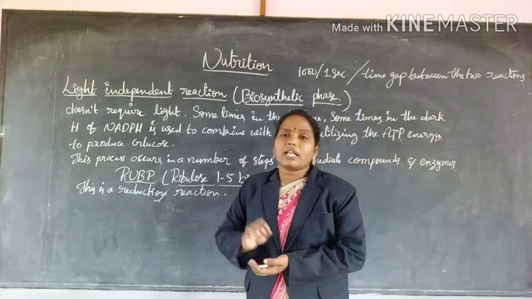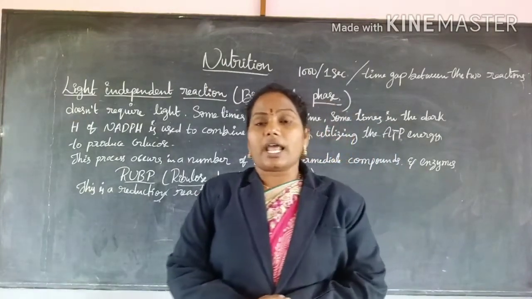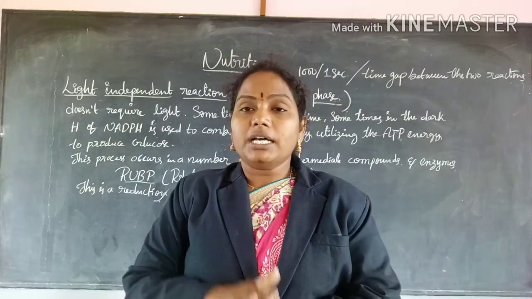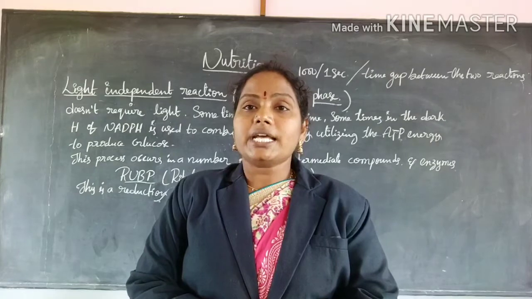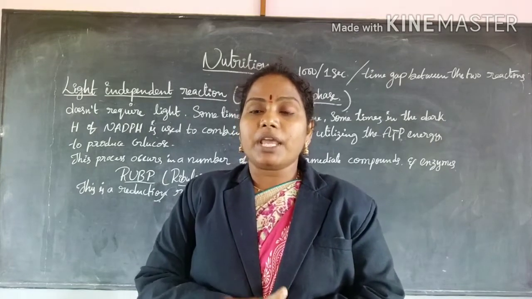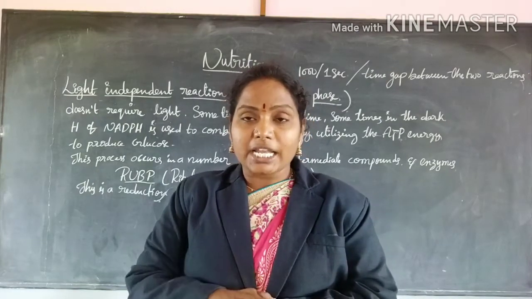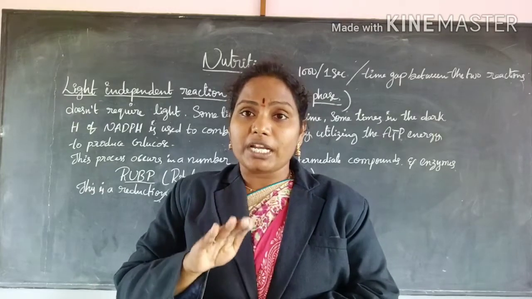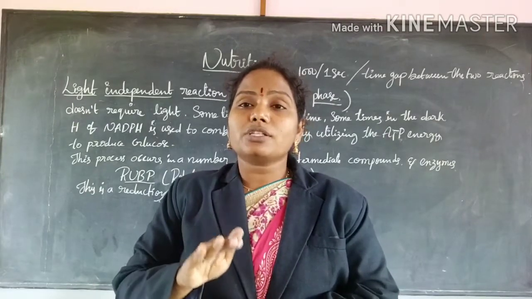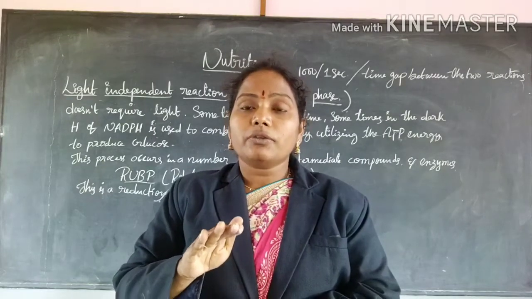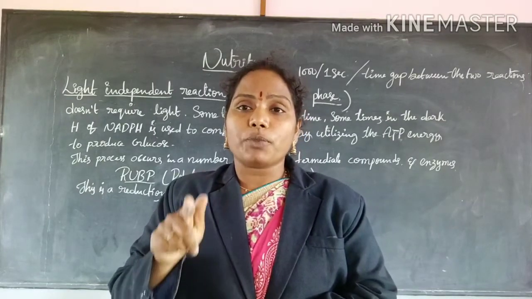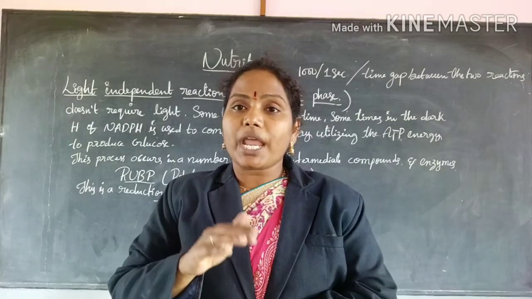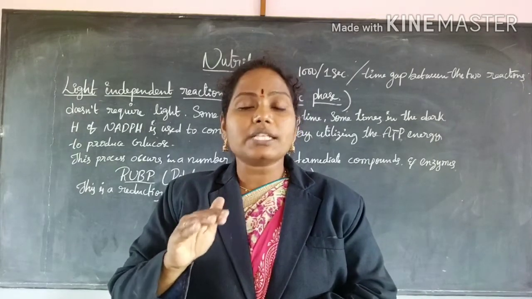Here the dark reaction is very easy. In this reaction, light is not necessary, and here in NADPH, hydrogen is there. So the hydrogen of NADPH is combined with CO2 to form the glucose. ATP energy is also used in this process.